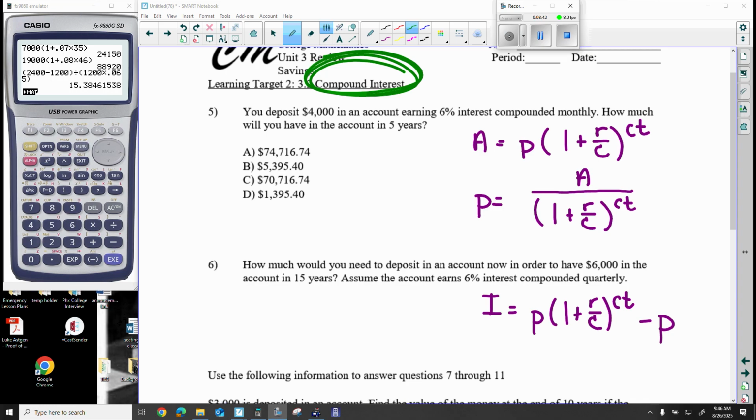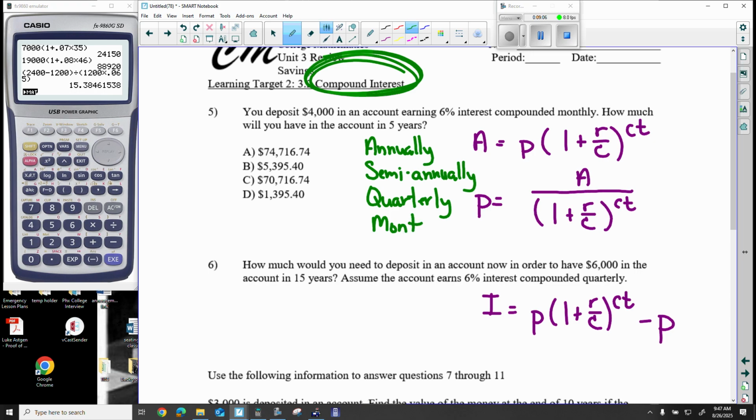All right, so here we go. For the letter C, the various words are going to be annually, semi-annually, quarterly, monthly, bi-weekly, weekly, and daily.